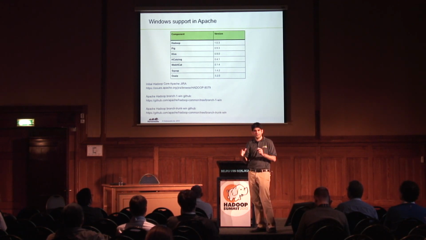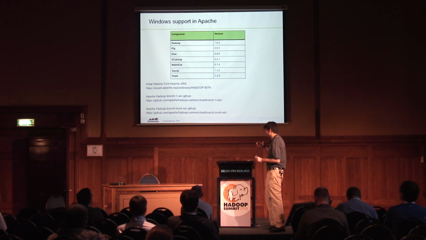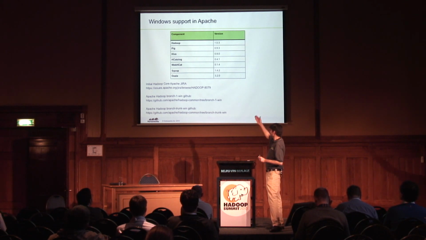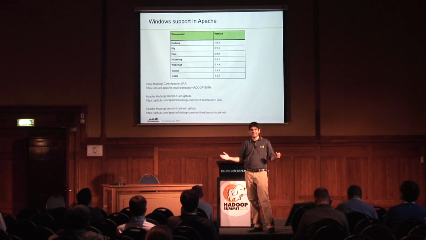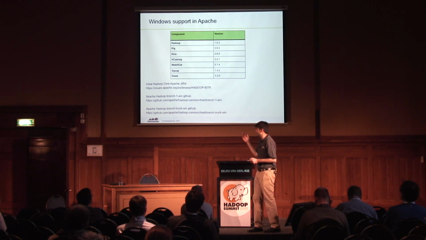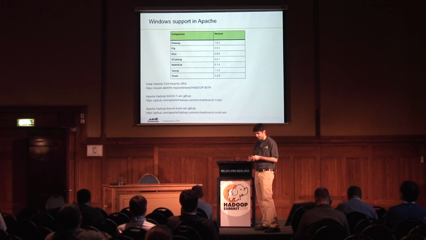You can look at one Jira and then look at all the work that's happened from it, which is really cool. We have the power of the community working across all these components to extend the platform readiness of each component to more platforms. It's all in Apache, and you can go look at it right now.